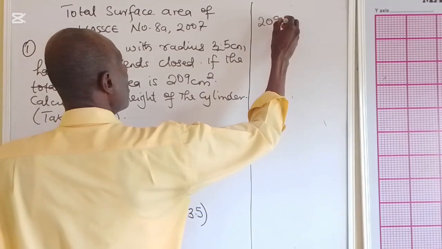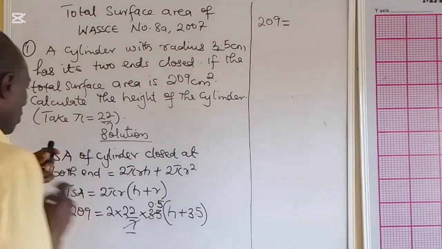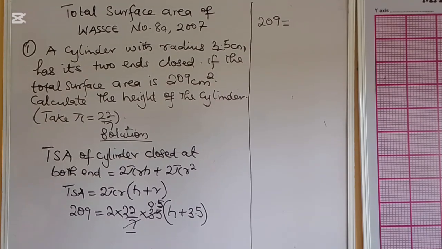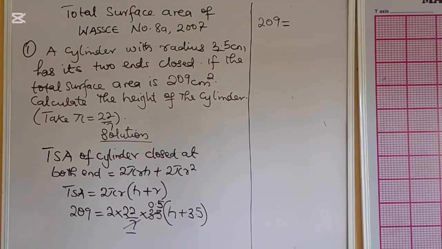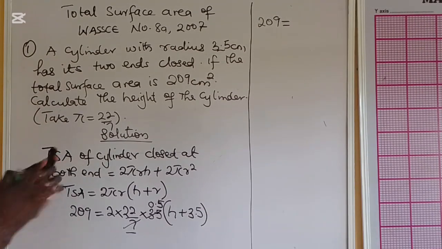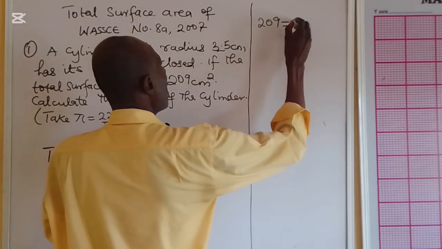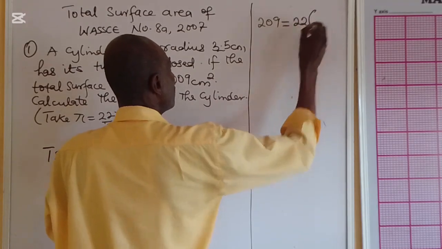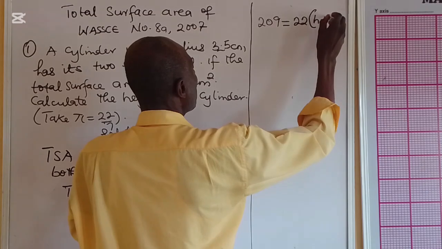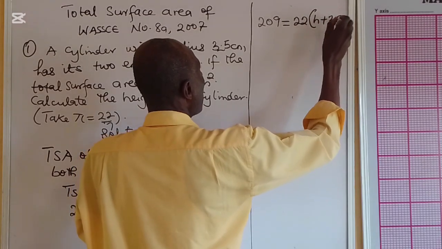So therefore, let's come to this side. 209 equals, now let's multiply. What is 2 times 22 times 0.5? 2 times 22 gives us 44. 44 times 0.5 gives us 22. So here is 22 into the height plus 3.5.